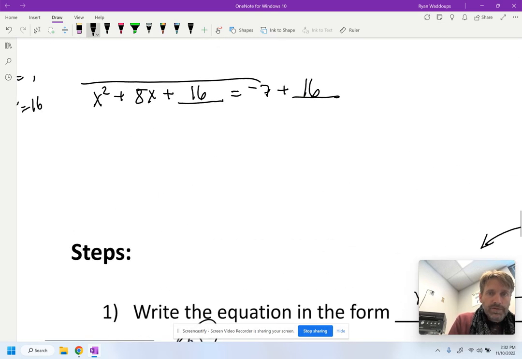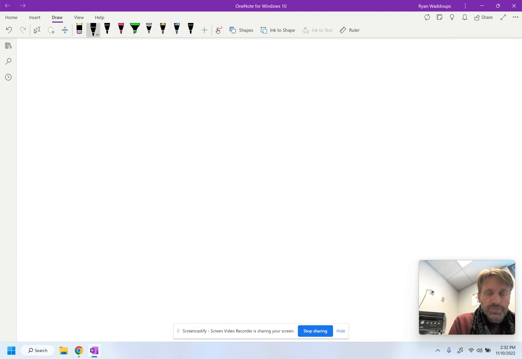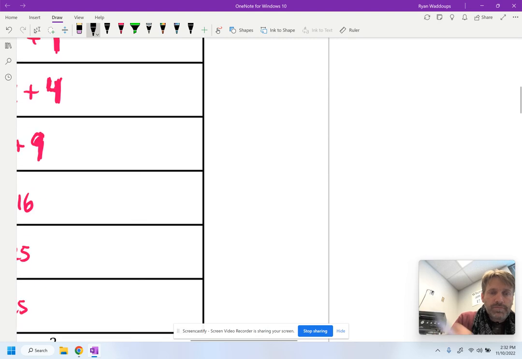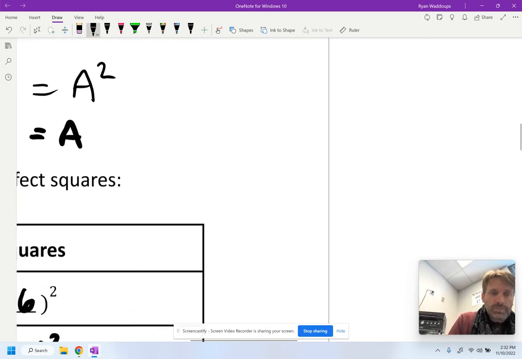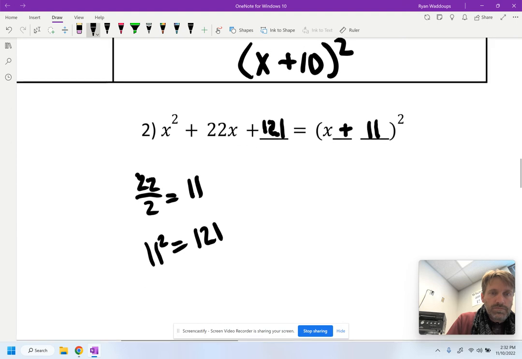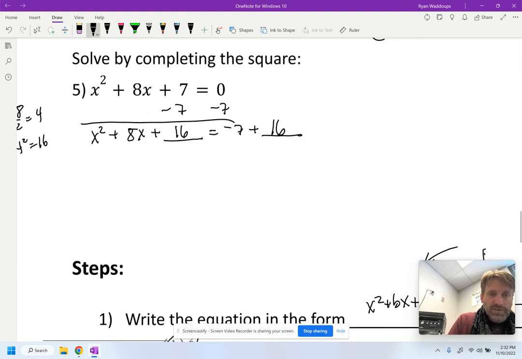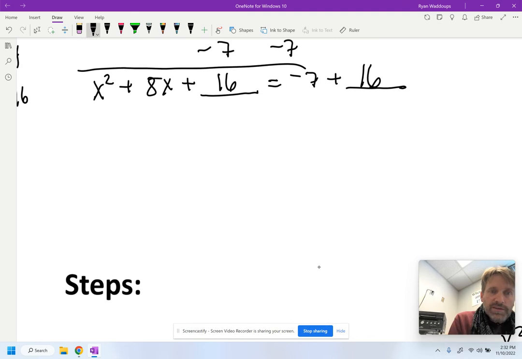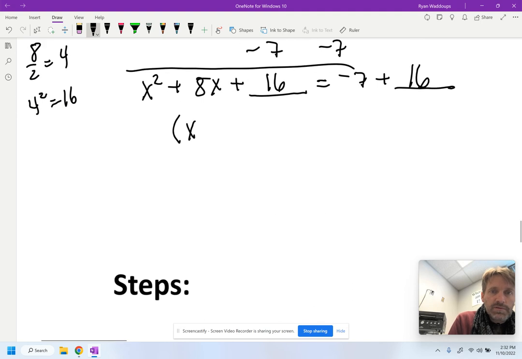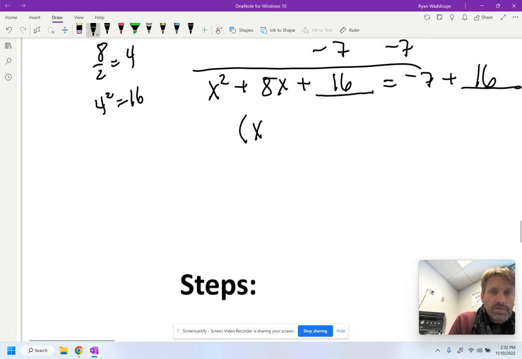All right, sorry. So now we say this is x, and then our value for b over 2 is 4, so we write x plus 4 squared.